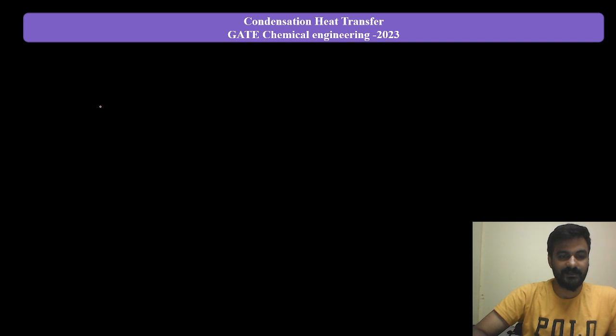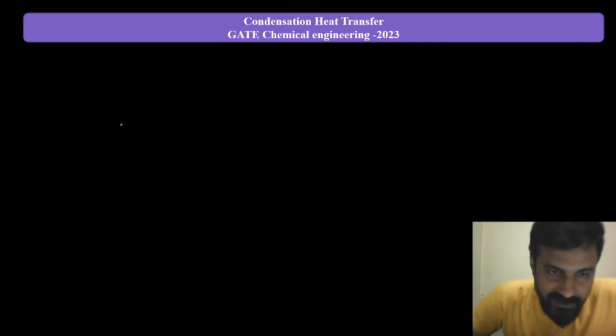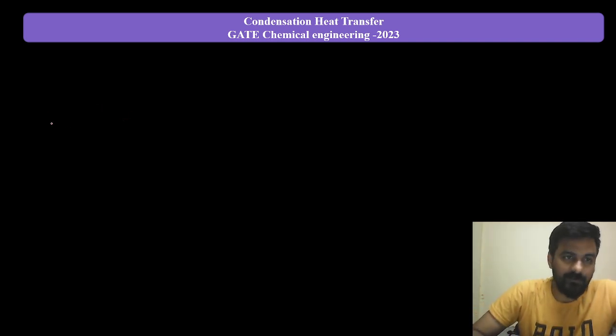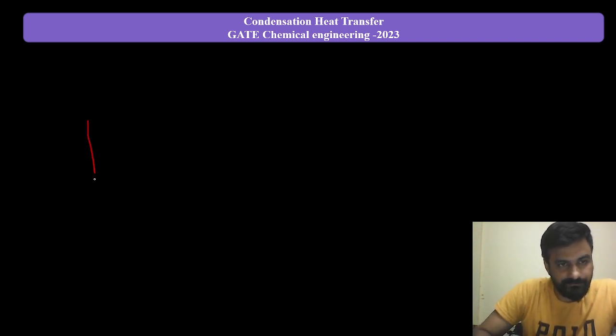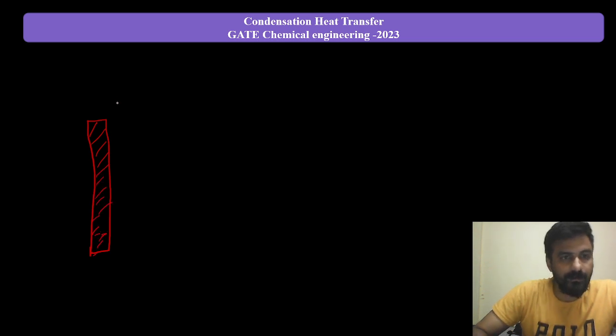Now try to understand the mathematical representation, how we'll derive the mathematical formula for film-wise condensation. Here I am assuming there is a surface. Try to understand the representation only.